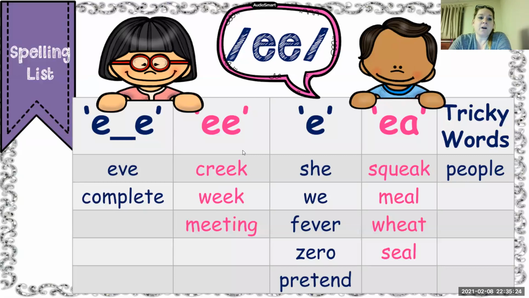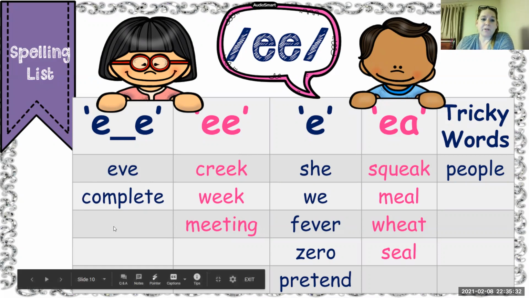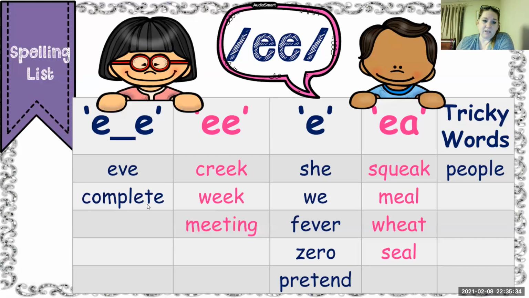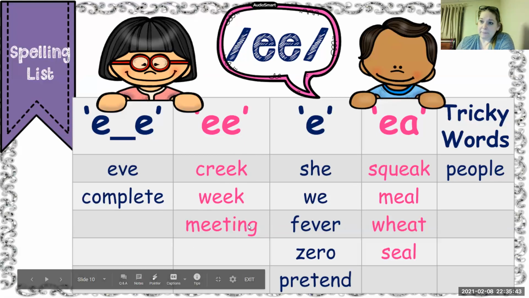Okay, so here we are. We have E consonant E. We have the word Eve, and the word complete. For the EE spelling, we have creek, week, and meeting.